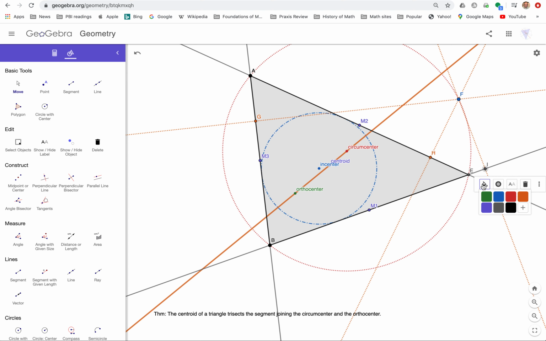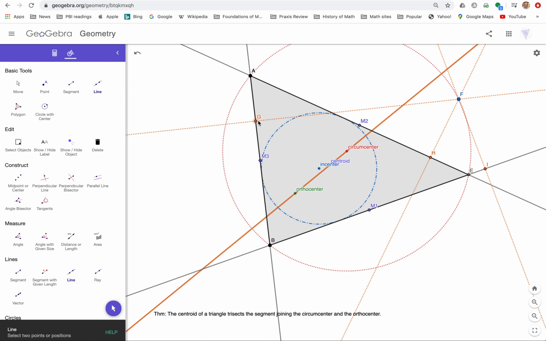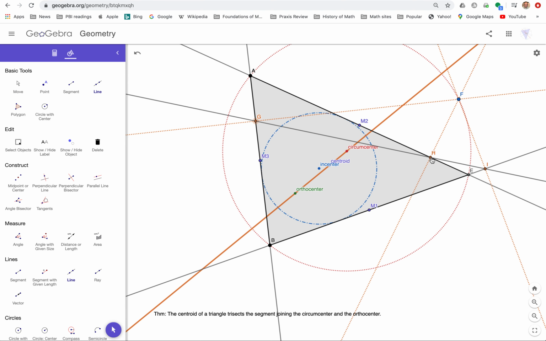Now, what's interesting about these points is if I draw a line through two of them, check that out, it is automatically going through the third. Okay? So if I drop those perpendiculars from any point on the circumcircle, it turns out they're all collinear.